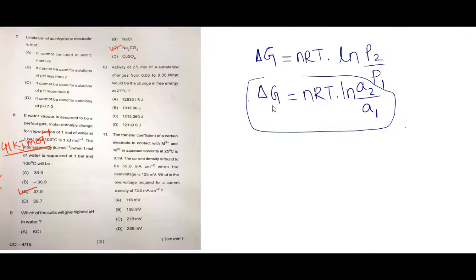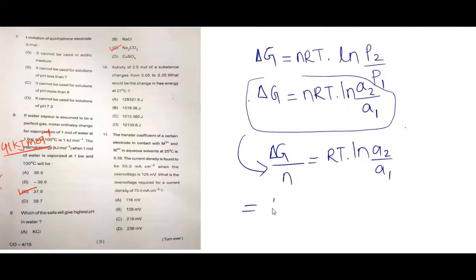If I rearrange one more time, taking n to the left side, del G divided by n is equal to RT ln A2 by A1, since del G divided by number of moles is equal to chemical potential.